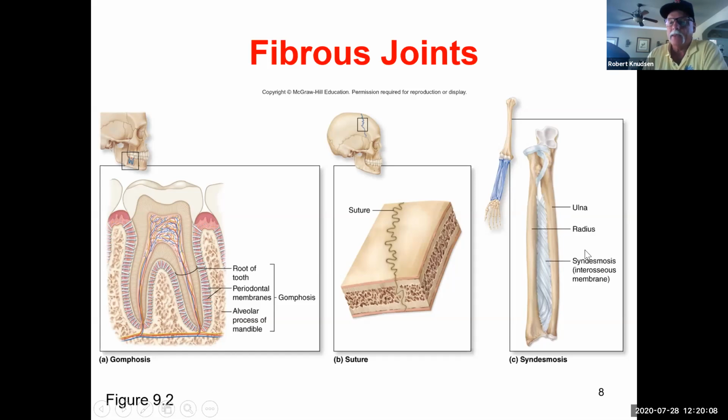That's a suture. Now, here's your ulna, and this is your radius. Do you see this right here? That's dense regular. That's a syndesmosis joint. It used to be called interosseous, now they say syndesmosis. Make sure you know both names because I'll use both names. They call this an interosseous membrane. You get it? Okay.